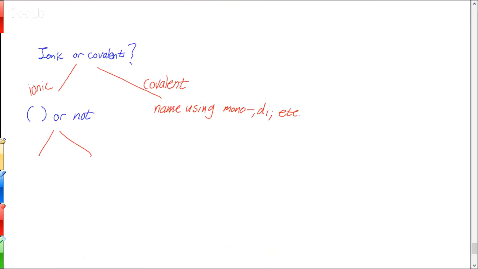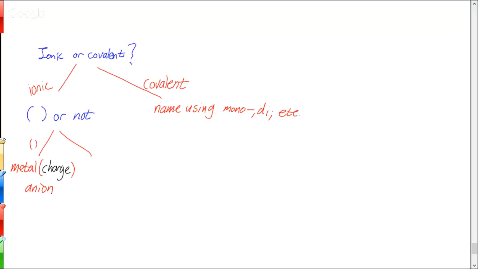So if it has the parentheses, if it's one of those variable charge metals, then you name the metal with the charge in parentheses, and then the anion. It's not really the nonmetal, let's just call it the anion.